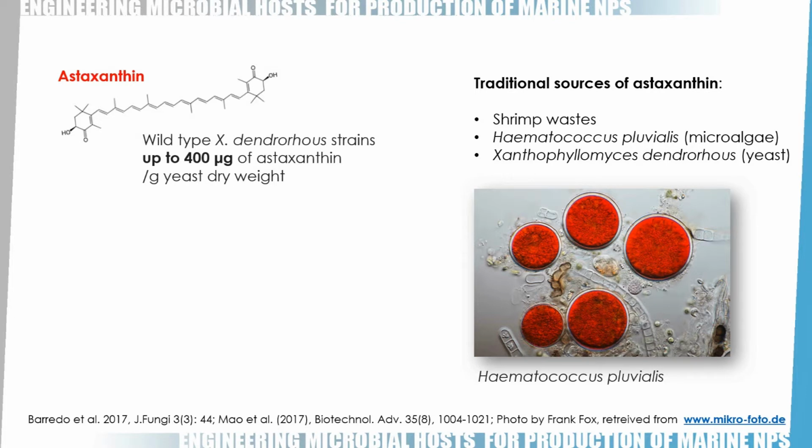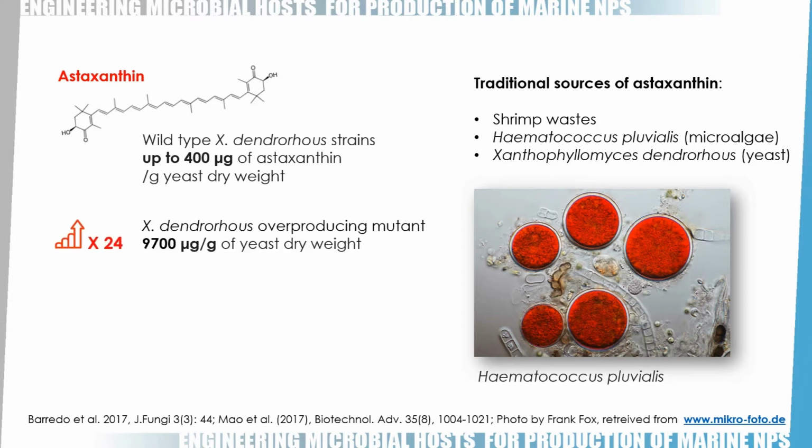Many works have been done on Xanthophyllomyces dendrorhous, which has been approved by the FDA for the commercial production of astaxanthin. The carotenoid biosynthesis by an overproducing mutant has increased by 24 times in relation to the wild-type yields. Also, by means of heterologous expression in engineered E. coli, expressing the genes acquired from other astaxanthin producers, higher yields of astaxanthin were obtained.